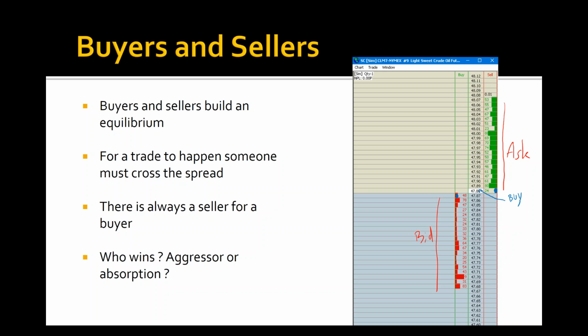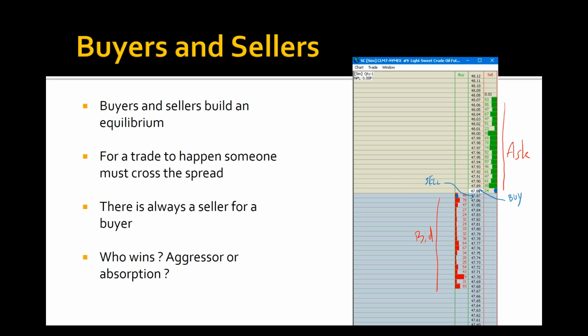And if you want to sell, you are going to have to cross the spread on the other side, and you will have to sell at 47.87, and this will make you an aggressive seller.